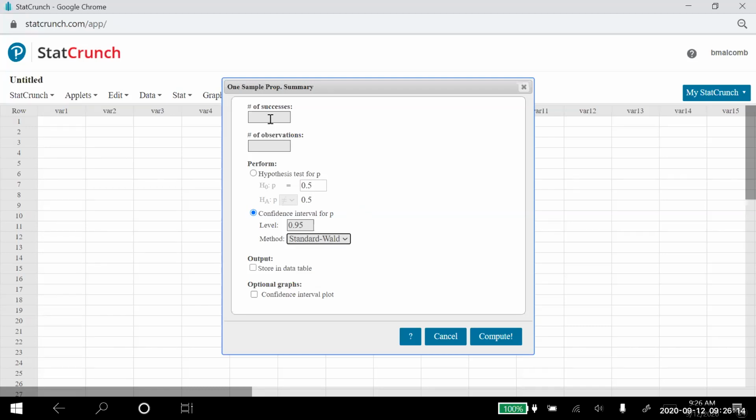It says, well, what's the number of successes? Well, they didn't tell us the number of successes, but remember what they said was 44%. So we have to do a little math here. Don't let that scare you. Remember, I gave you the formula. I said p hat was x over n.